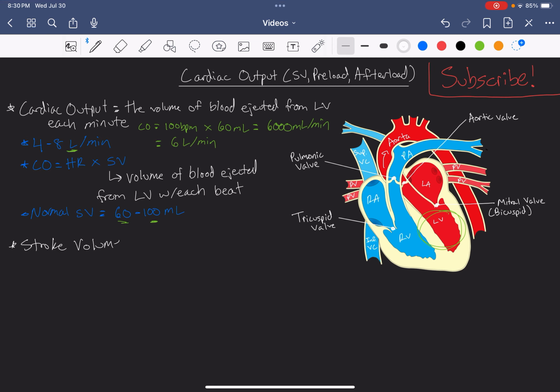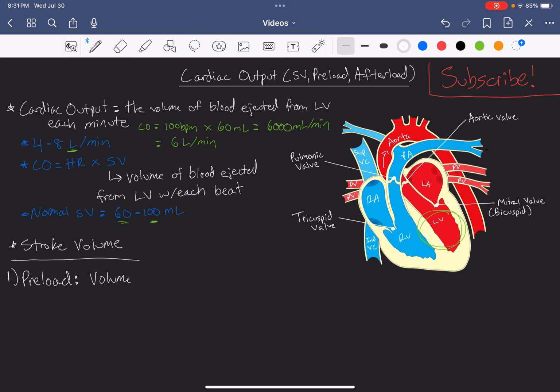There's really 3 things that can influence stroke volume. We'll cover them here. The first one I want to talk about is preload. Okay, so the easy way that I think about preload is the volume of blood that is going to fill the ventricle when the ventricle is at rest, or during diastole, right?